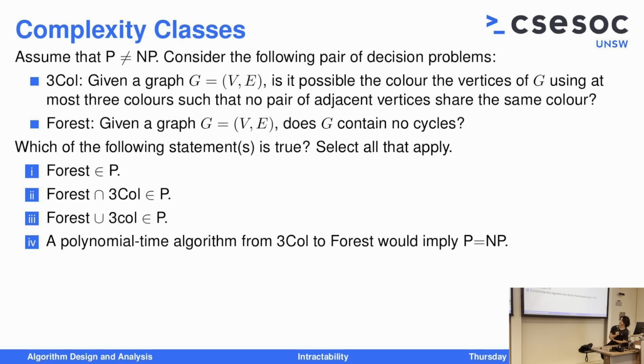Do we think I is true? Yeah, we can use the DFS cycle check. Does anyone think I is true? No? Do you think it's false?